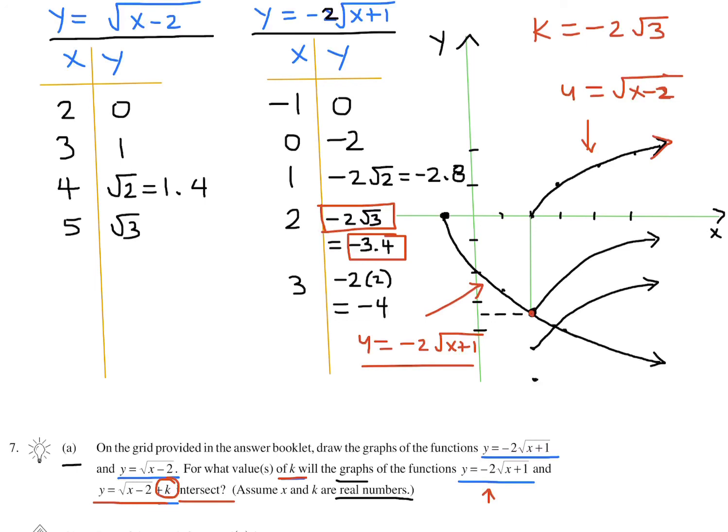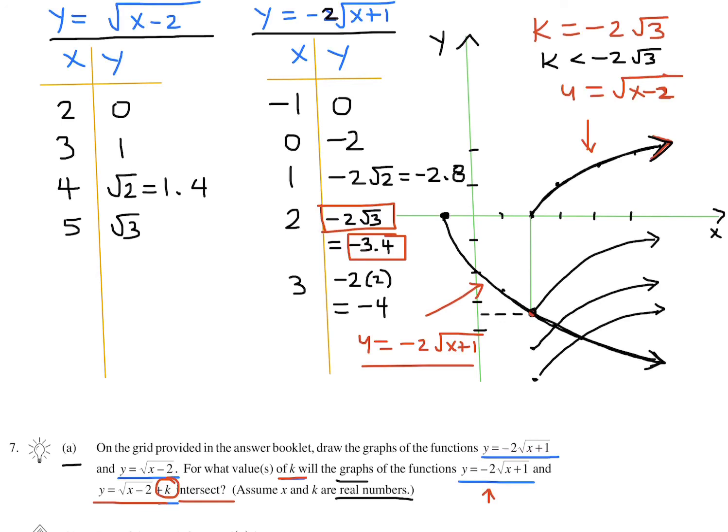If I brought it down to here, it will again intersect here, and so on. So any value of k that is less than this will also result in an intersection point. All right? So it's basically a question of shifting this graph down so that it meets this graph.